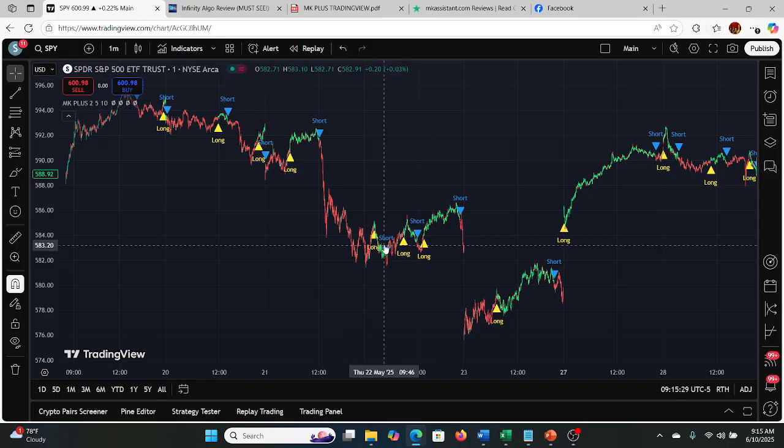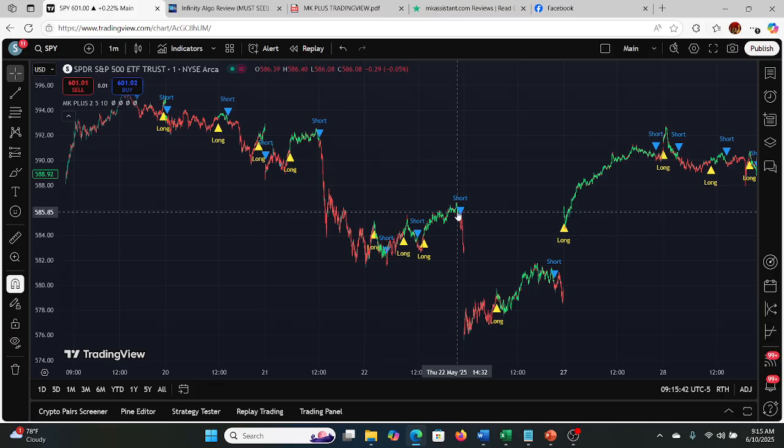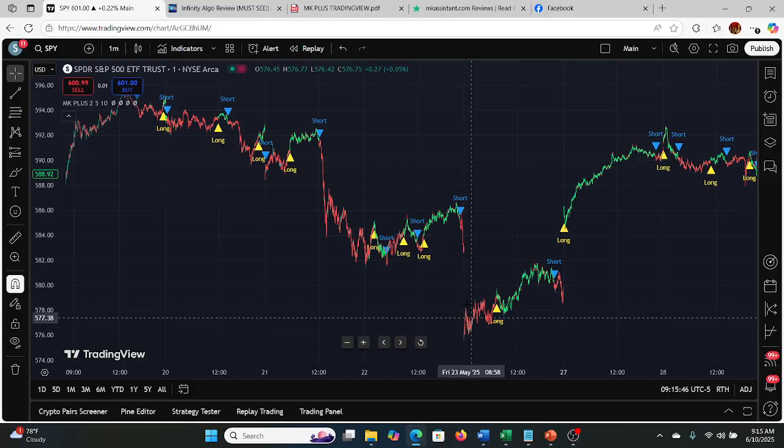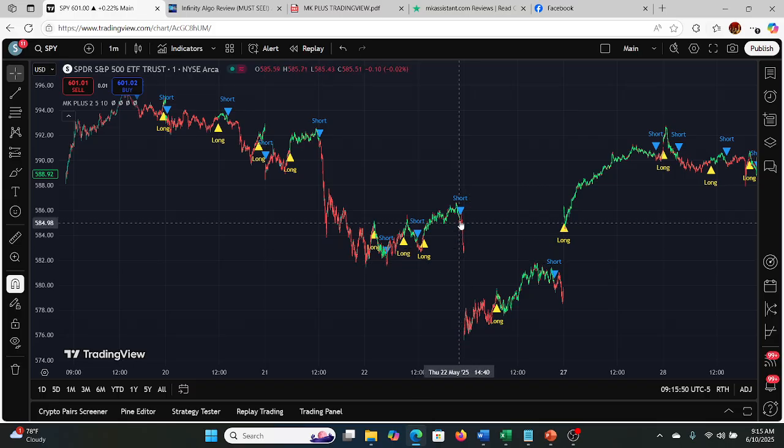So you'd be entering and exiting these positions, and you'd probably be about flat. It's not like you're losing a ton of money with these. It would just annoy you a lot because you're getting faked out and taking multiple trades and not really making any money. And then by the time the proper short comes in, all the way down here, this is overnight by the looks of it. Overnight, this short would have worked really well, but by then you've been put off the indicator.